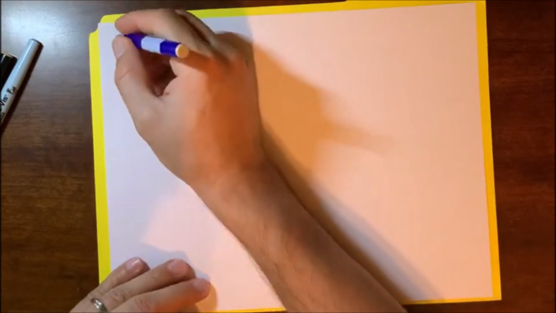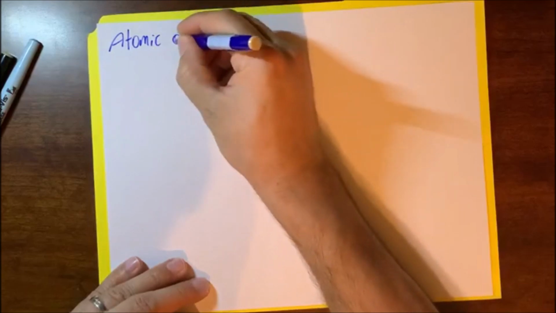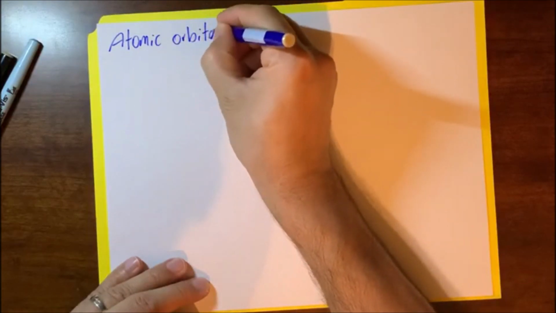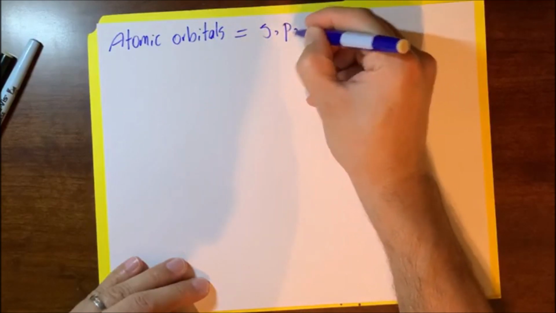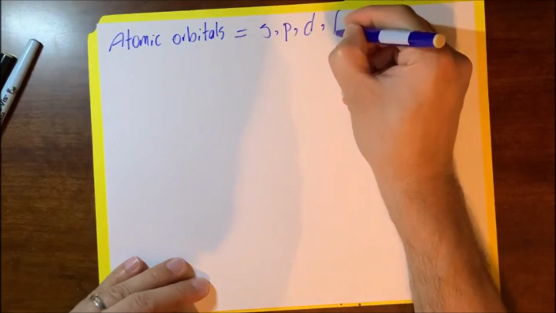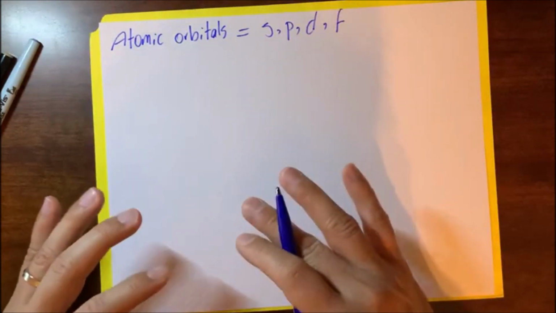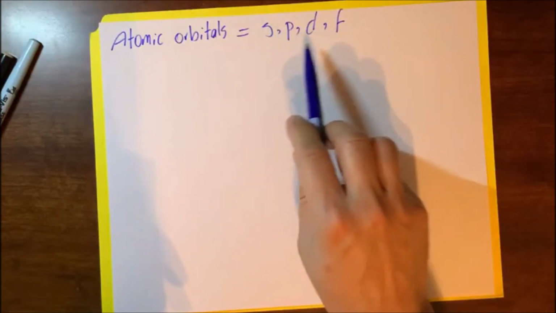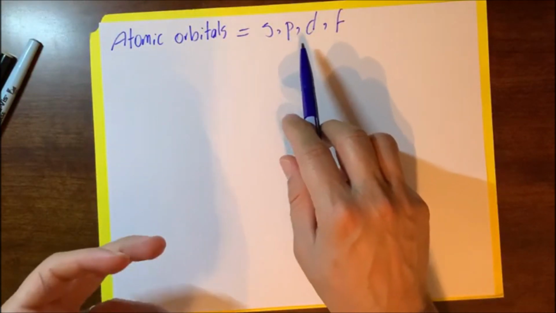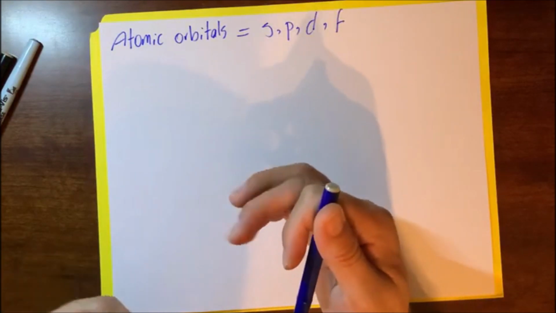When I say atomic orbitals, I'm talking about orbitals like s, p, d, and f. We call them atomic orbitals. He said we don't use those to interact with outer atoms. Actually, we mix those orbitals. We mix the atomic orbitals to make new orbitals that we call hybrid orbitals.